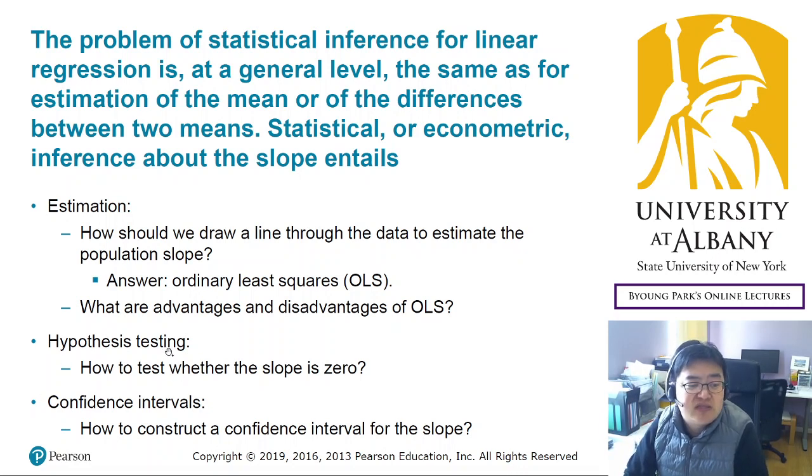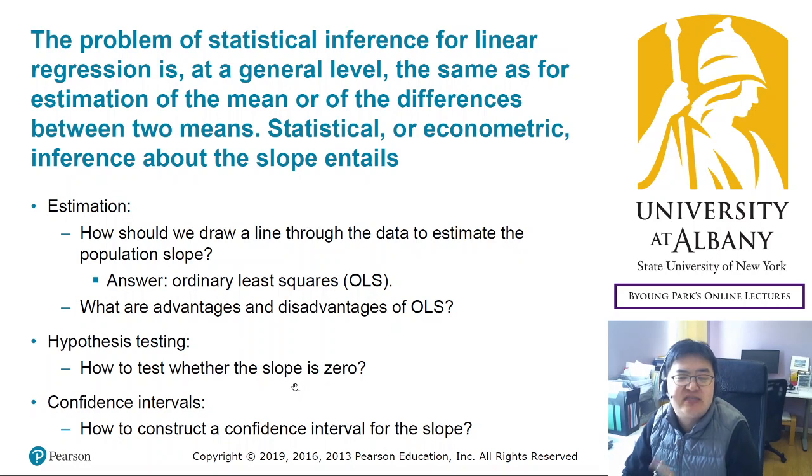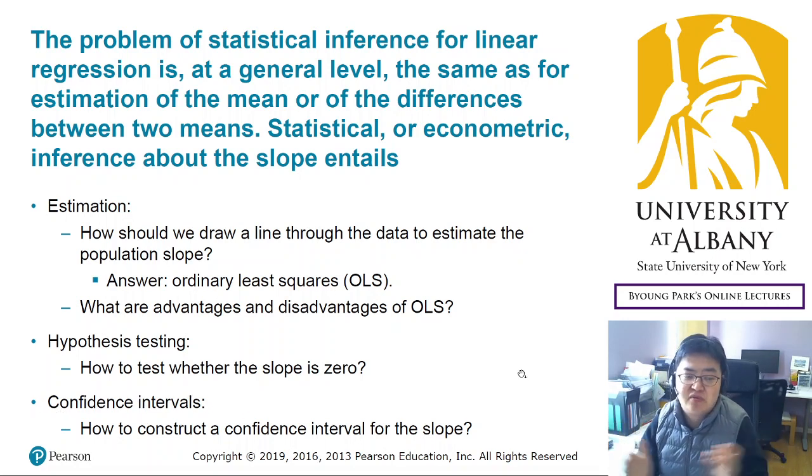So the hypothesis testing goes in the same way as hypothesis testing about the population mean. Hypothesis testing about the regression slope is very similar to hypothesis testing about the population mean. And confidence intervals. What are the confidence intervals for the slope? Or what are the margins of error for the slope estimator? Also, it will be very similar to the population mean.